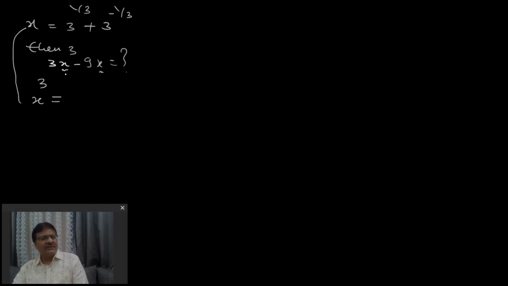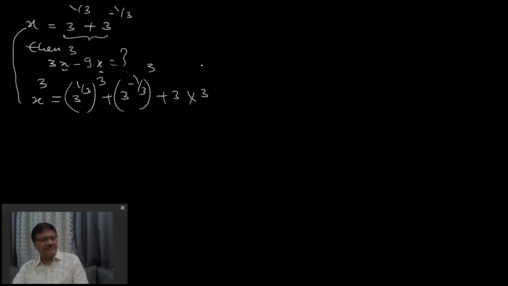If I cube both sides, then what do I get? A plus b whole cube, that is a cube, then plus b cube, right guys, plus 3ab into a plus b. This is a formula.